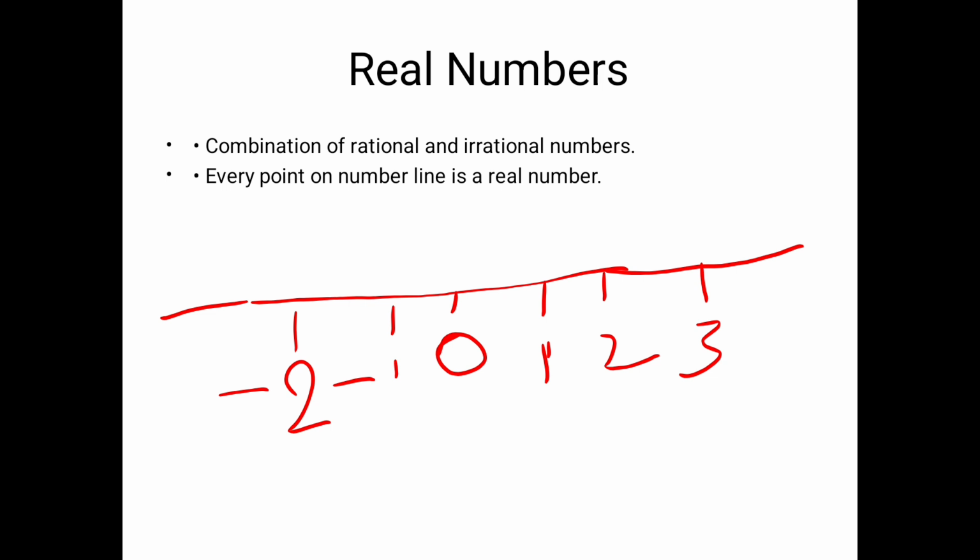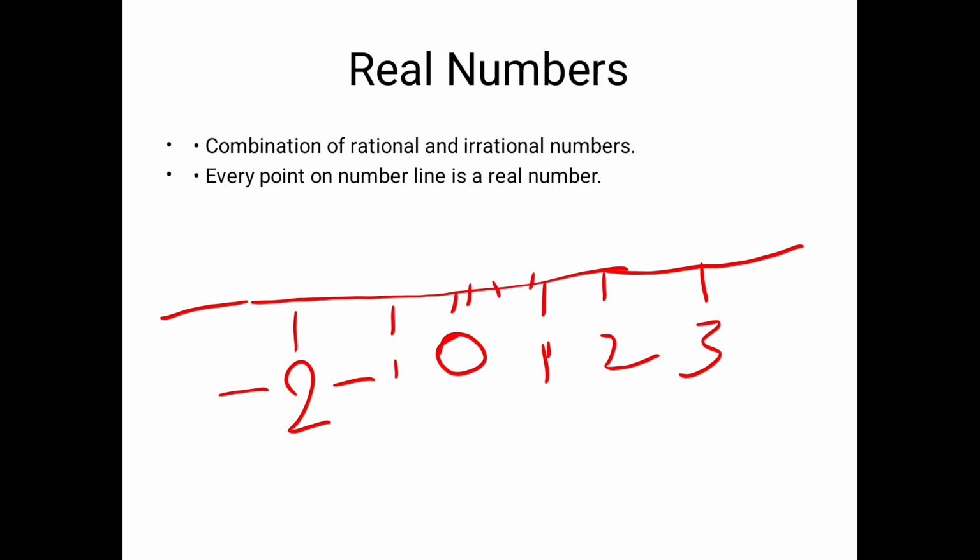But if we consider rational numbers, we know that even 1, 2, 3, -1, -2, 0 are rational numbers. Even between them also we can find rational numbers.